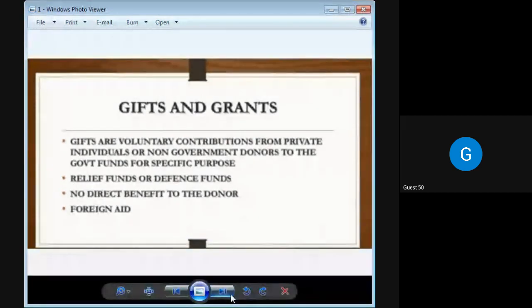Okay, students, I hope you all understand what is public revenue, and it is a very important topic. Keep in mind there are a few sources of public revenue. The first one is the compulsory one, that is tax. Second is administrative revenues, and third is gifts and grants. These all indicate the sources of government income, and anyhow the government uses this income for the benefit or welfare of the society.